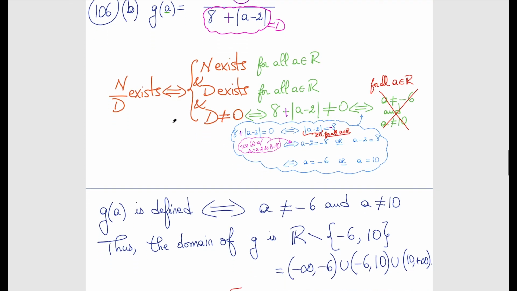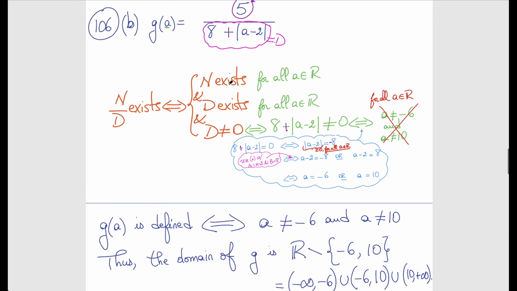So the domain of this function with the plus is going to be all real numbers. Okay? Because none of these three conditions actually places any conditions on the a. I hope this makes sense, and that's going to be the end of this addendum.